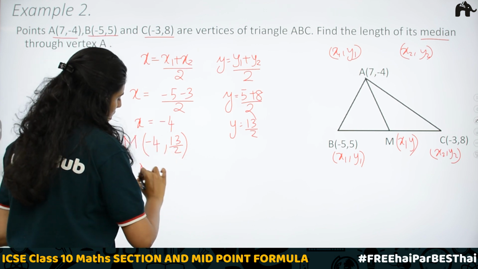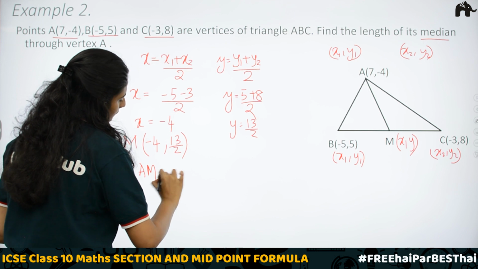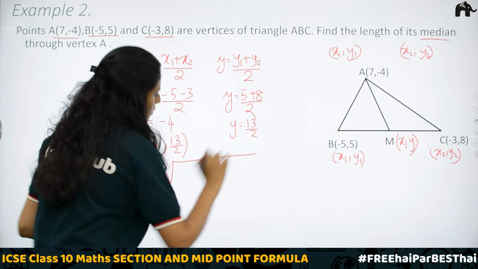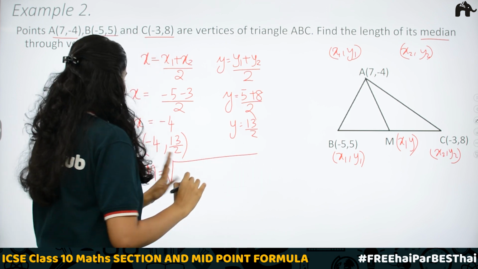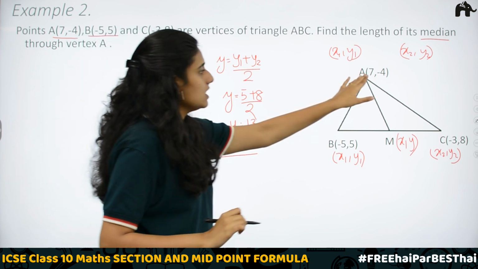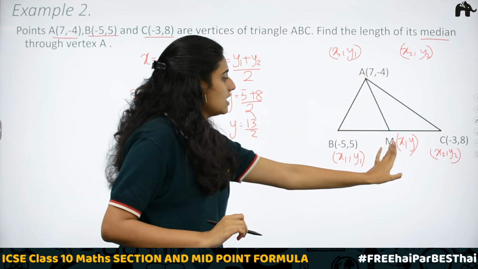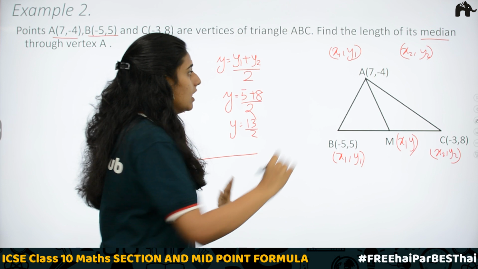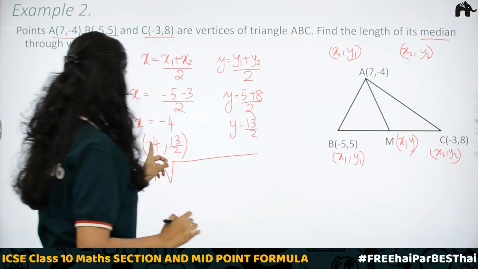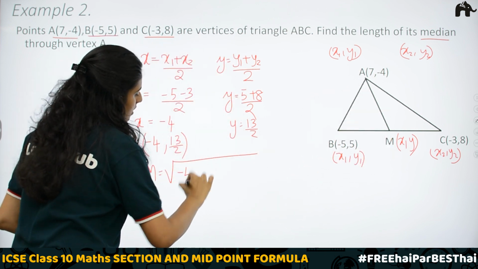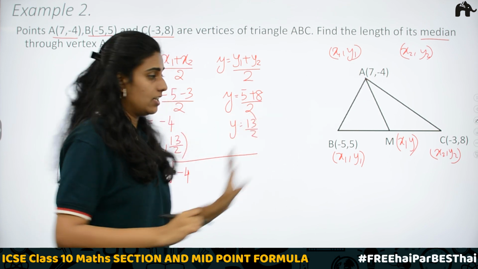Therefore, the length of the median AM is equal to root of x2 minus x1. Here we will be taking this as x1, y1 and this as x2, y2. Okay. x2, here we have minus 4. x1 is 7.